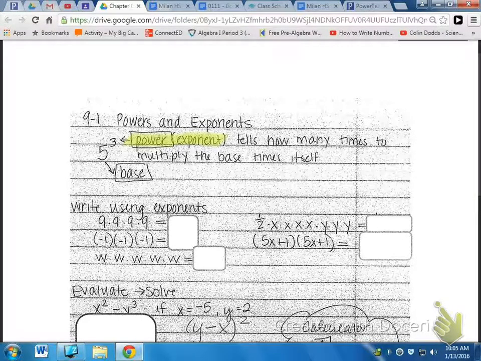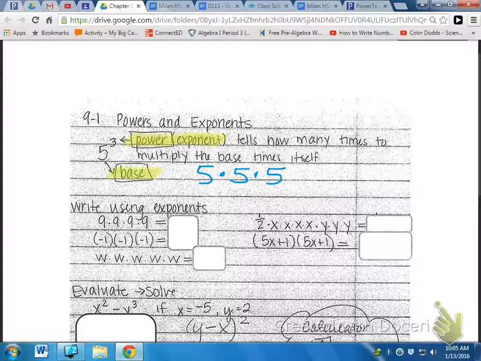The 5 is a base. The base is the number that you're actually dealing with. The exponent tells how many times to multiply the base times itself. So 5 with a 3 up there really means 5 times 5 times 5.